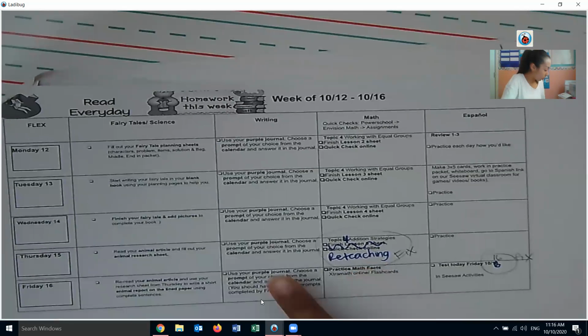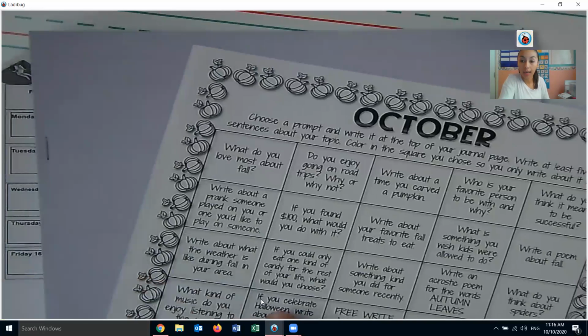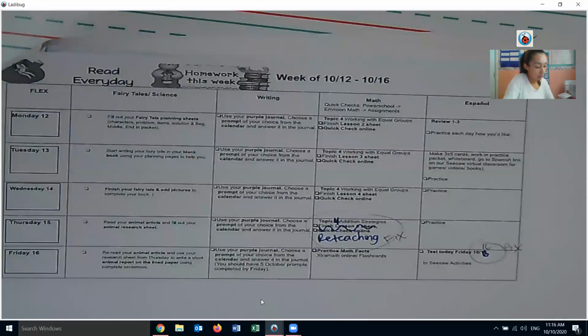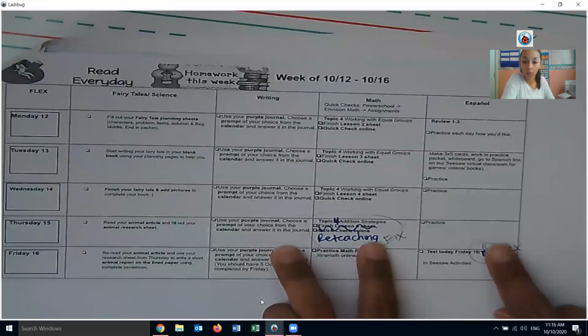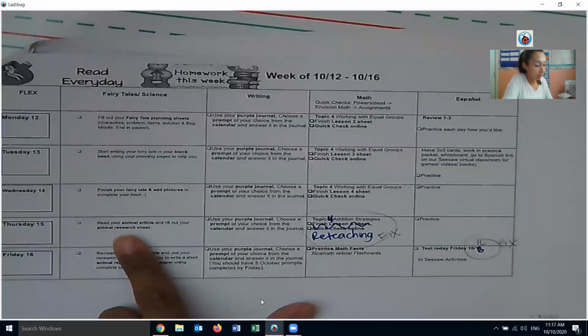The other piece of homework is your purple writing book. Work on any prompt of your choice from October. Also, practice your Espanol lessons 1, 2, 3. The test will be tomorrow.